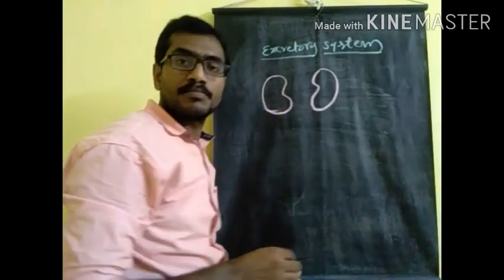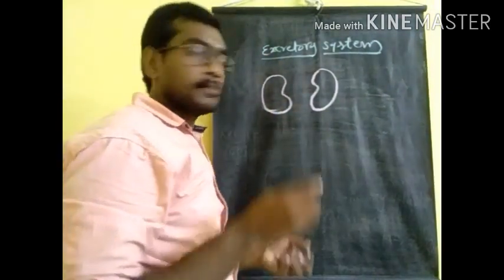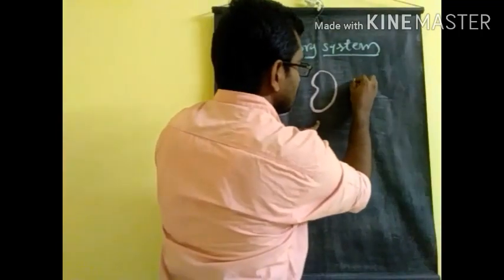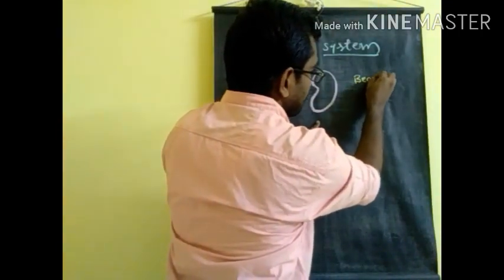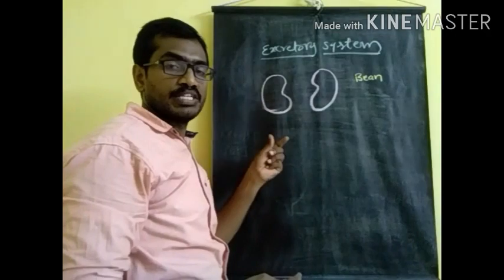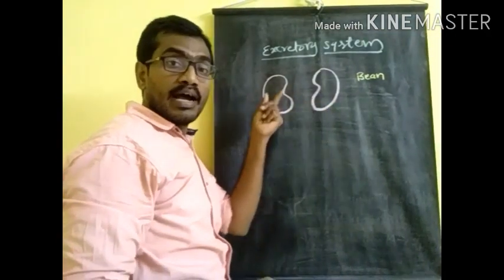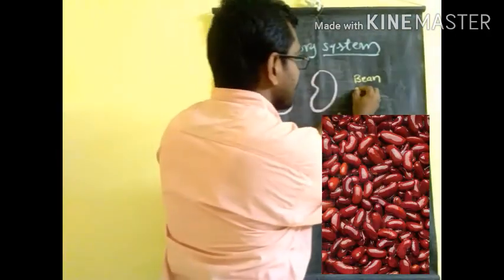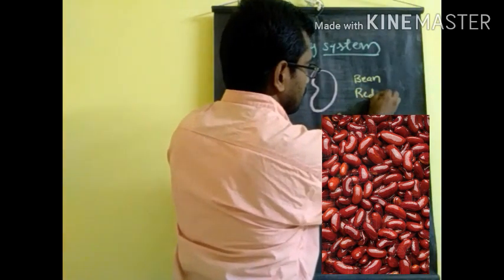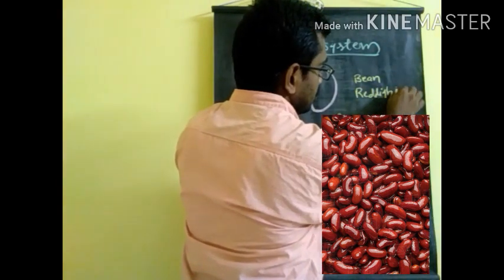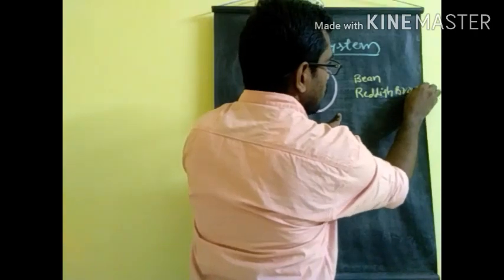So two kidneys are present. They are bean shaped and reddish brown in color.